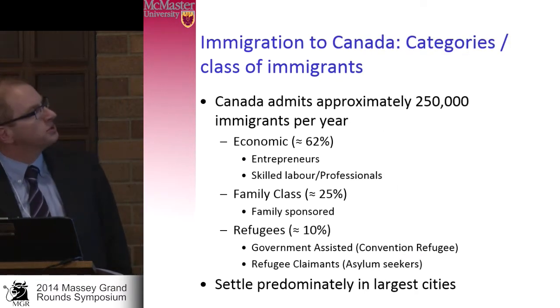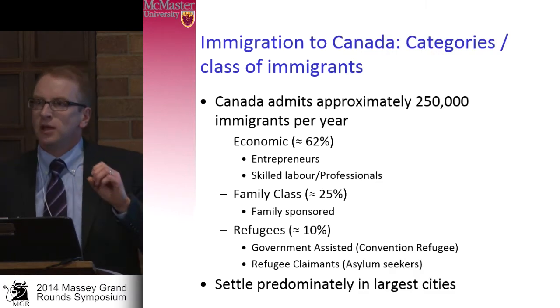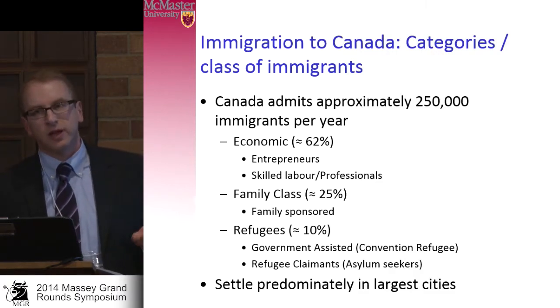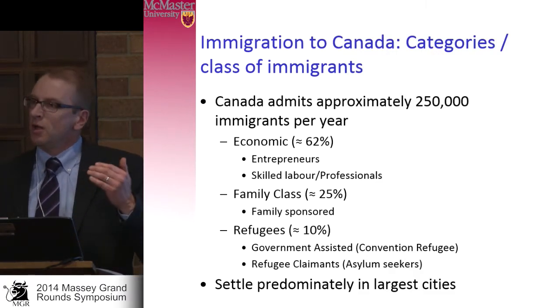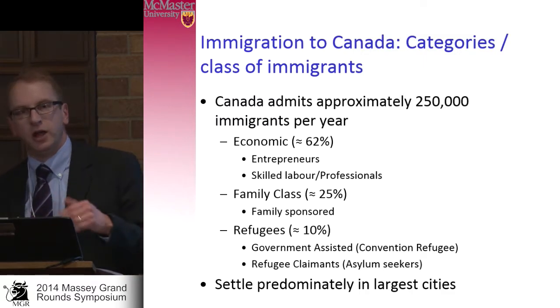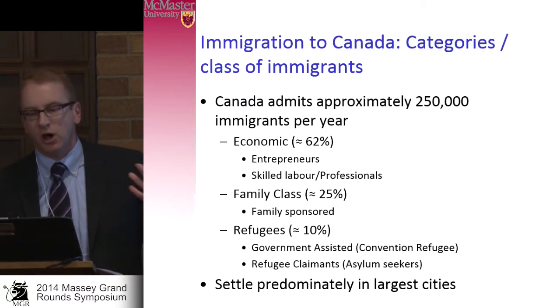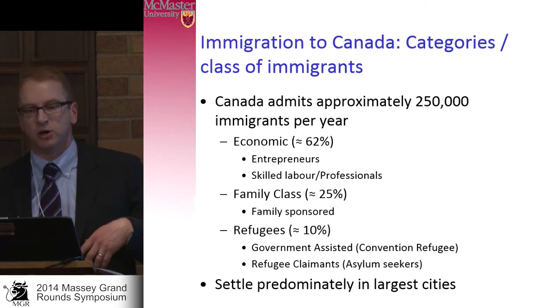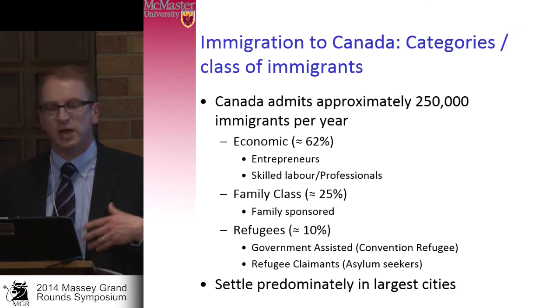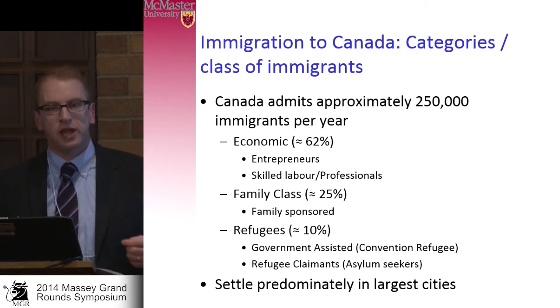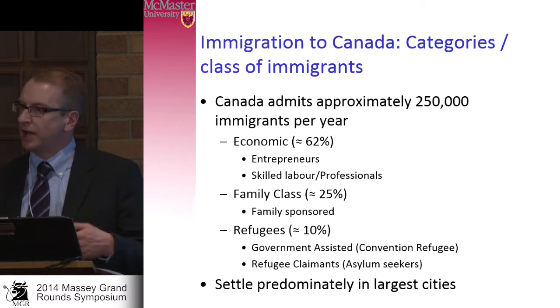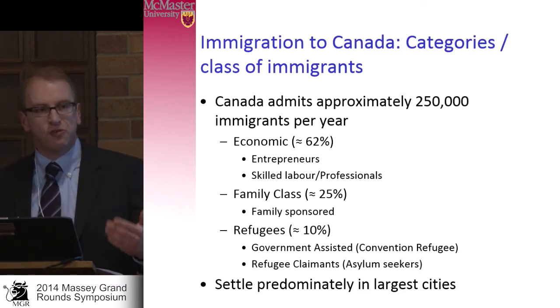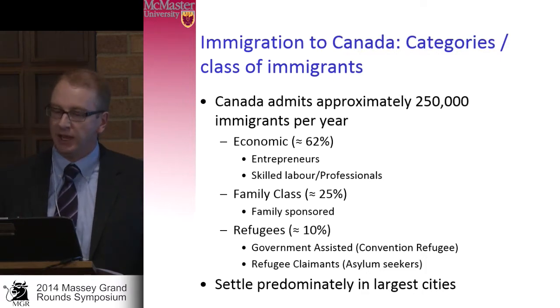So just in terms of providing a context, Canada admits approximately 250,000 immigrants per year. The majority of those come in under the economic class. So those include entrepreneurs, skilled labor, professionals, for example. Another 25% come in as family class. So they would be sponsored by family members already resident in Canada.